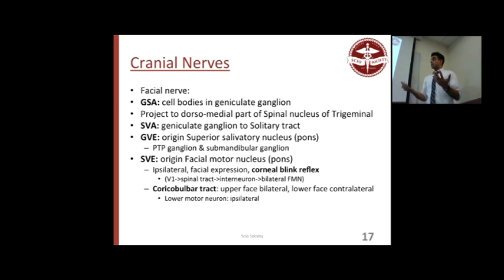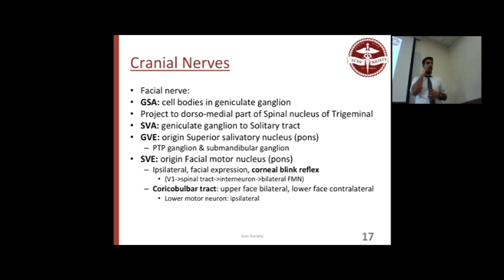it's the fun one, I guess. There's a general somatic afferent, which is basically, there's very few areas that do afferent for facial, mostly your ear area here. So you're going to have just a few things here, your outer ear, that's about it for facial for general somatic afferent. Is there anything else for facial? That's about it.